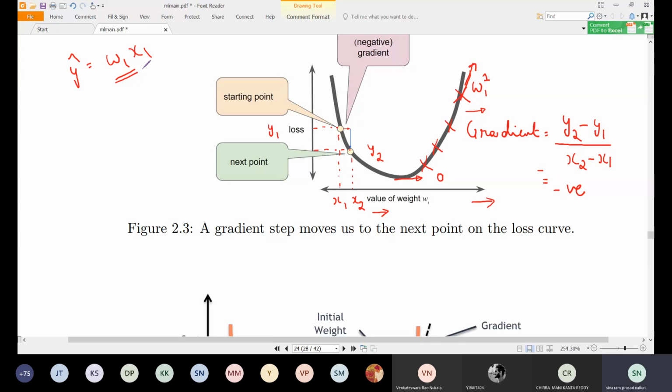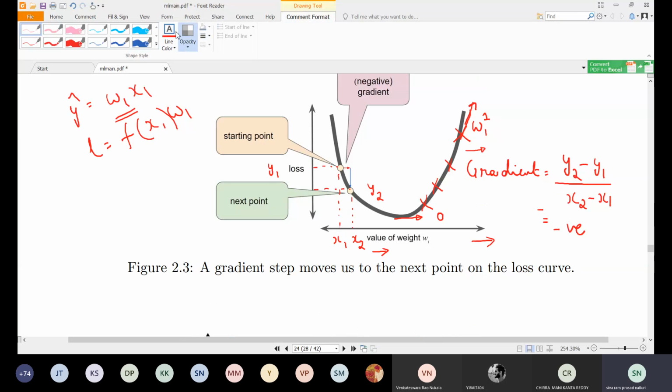Okay, after taking that, what do you do? You have a loss function. L is equal to some function of x1 and w1. So it is both a function of w1 and x1.